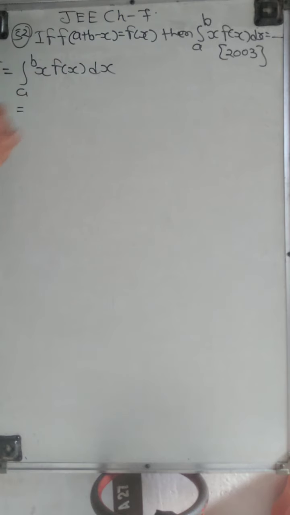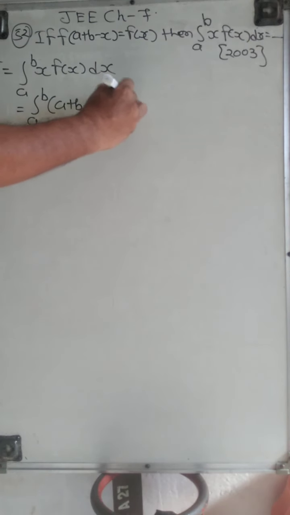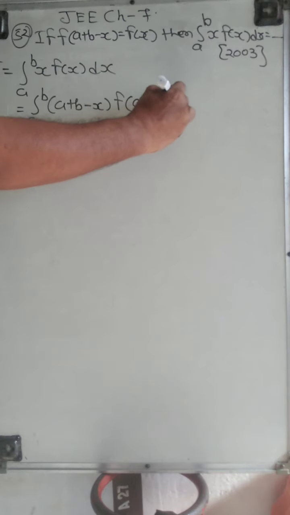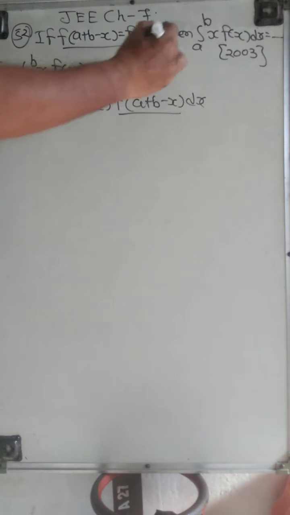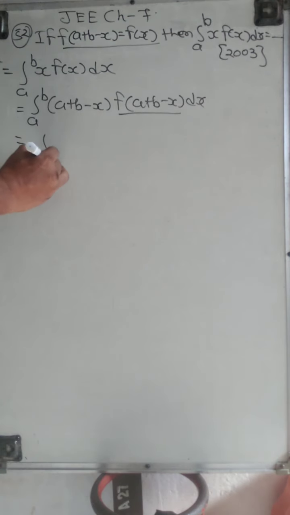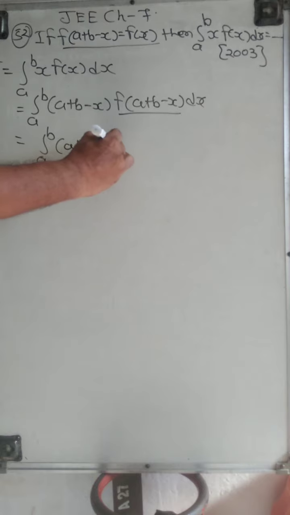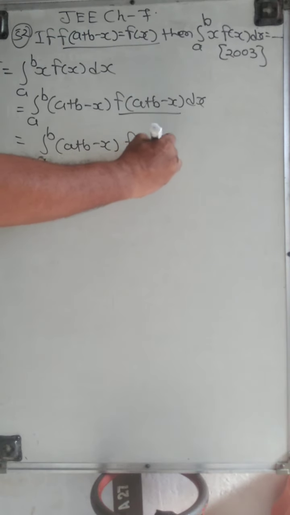Now what, we replace this x by a plus b minus x. So integration a to b (a plus b minus x) into f(a plus b minus x) dx. Now here it is given that this becomes f(x). So integration a to b (a plus b minus x) into f(x) dx.